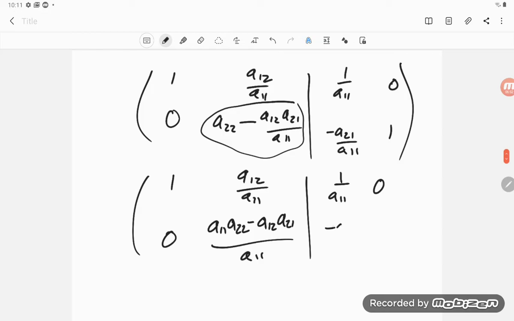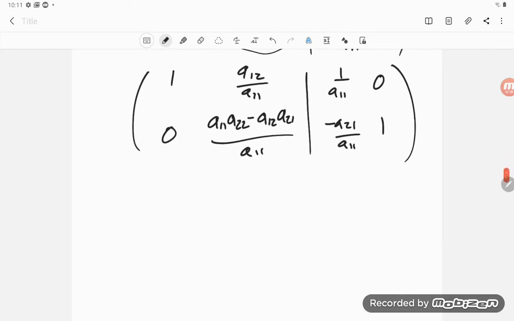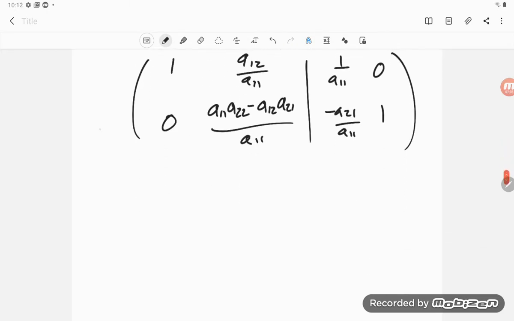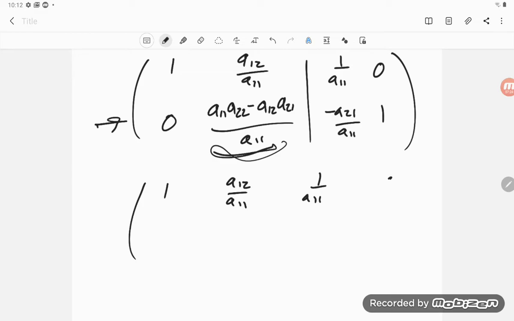I didn't do anything here yet, so we still have those entries. Now I need to make this term here 1, so I divide this whole row by that term, or multiply by its reciprocal. So I have 1, a12 over a11, 1 over a11, 0.